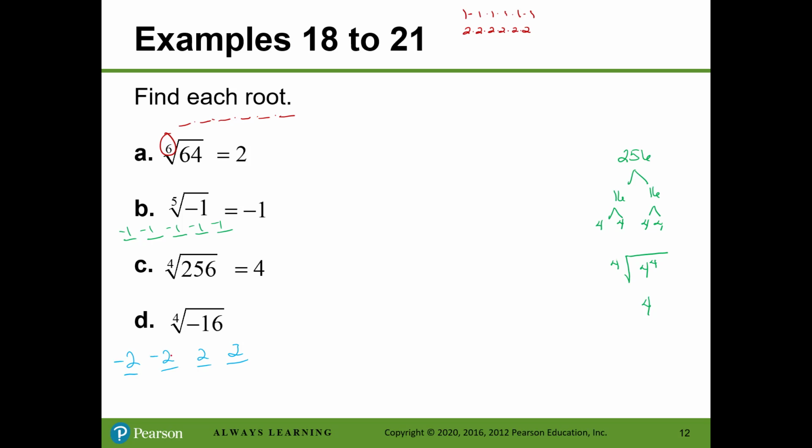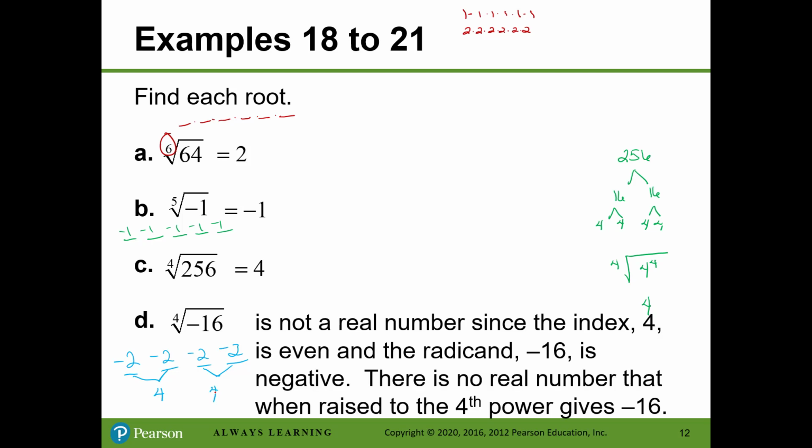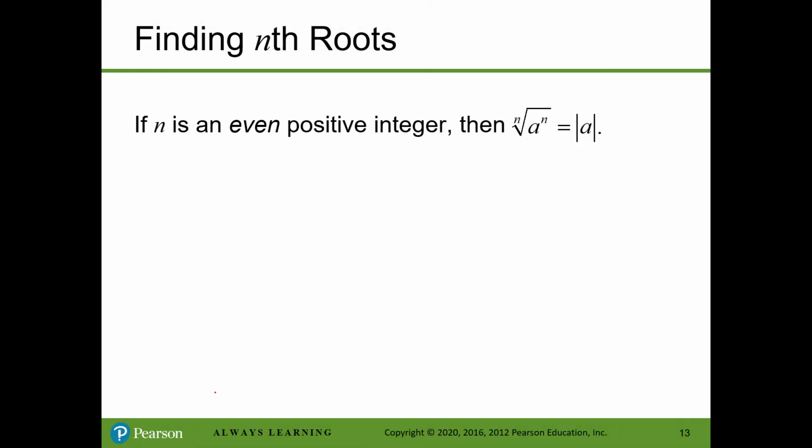If all the 2s are negative, don't answer too quickly. These 2 negatives give me a positive 4. These 2 negatives give me a positive 4. It looks like the answer is positive. Can I take the 4th root of a negative 16? Nope, I cannot. Good? Okay. Now, let's take a look at this.